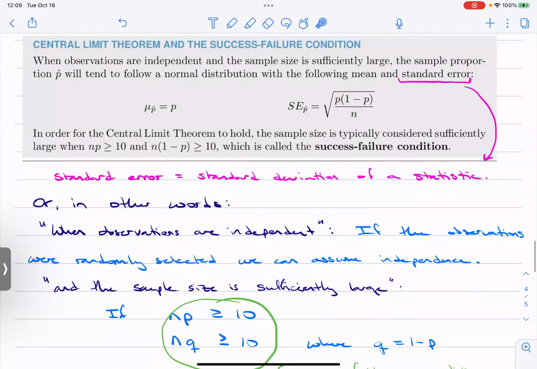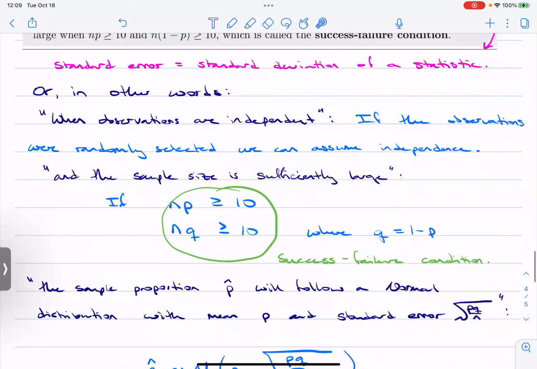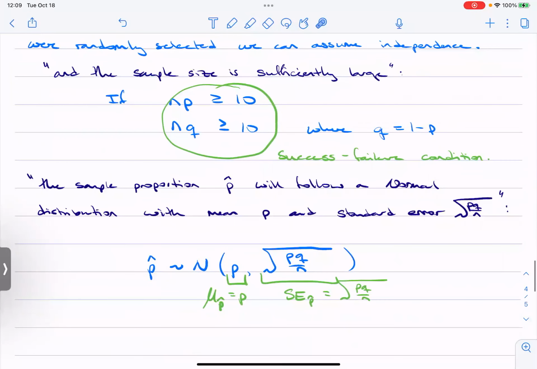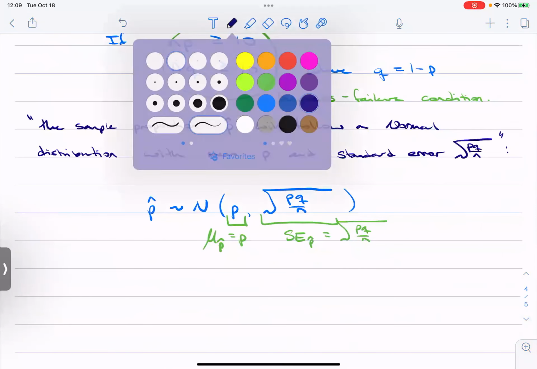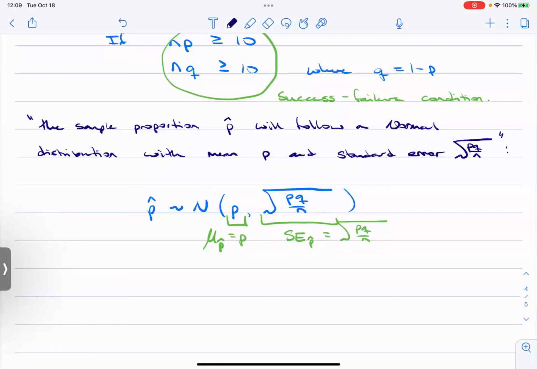Of course, there's going to be a central limit theorem for each type of scenario, but I'm just going to introduce it to you, give you the conditions, tell you the distribution, and then we go from there. But it's good to know the background of the central limit theorem.